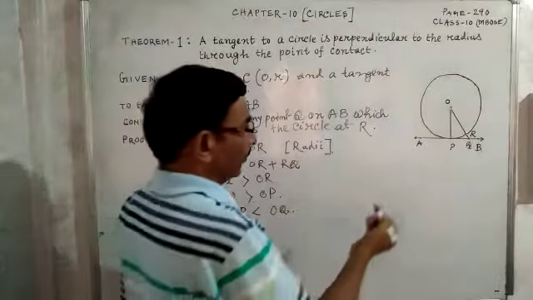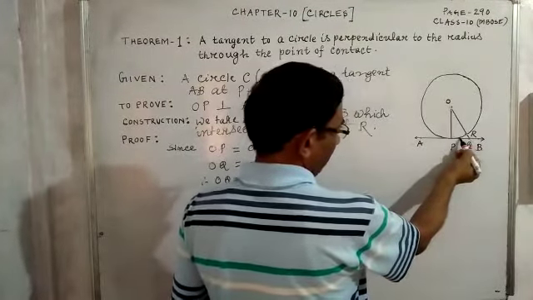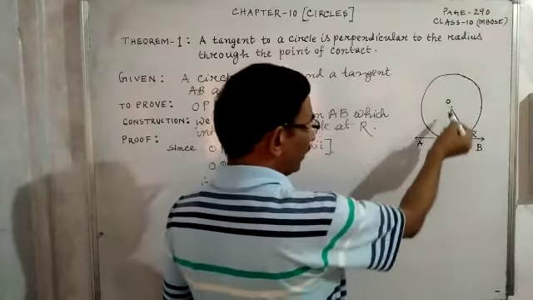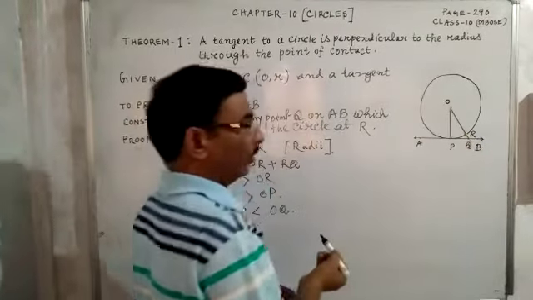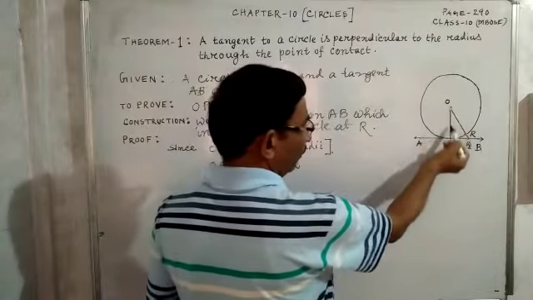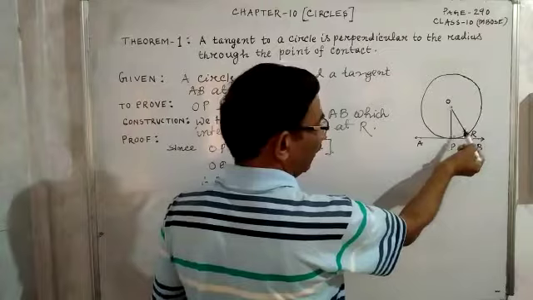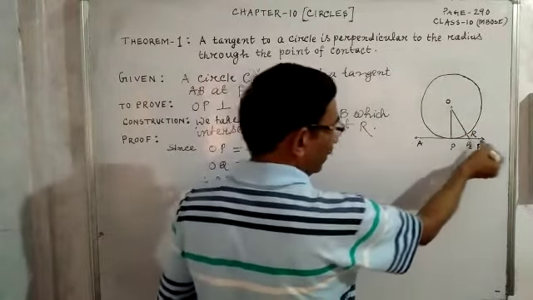Now see, this Q, instead of here, we can take it here, and here, and in that case we can get so many straight lines. But out of all those straight lines, we will see this OP is the shortest of all such straight lines drawn from the point O to the line AB.